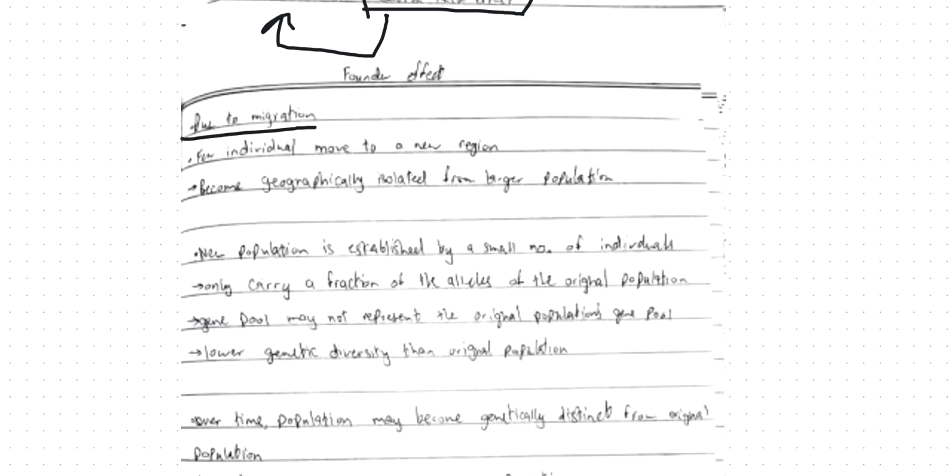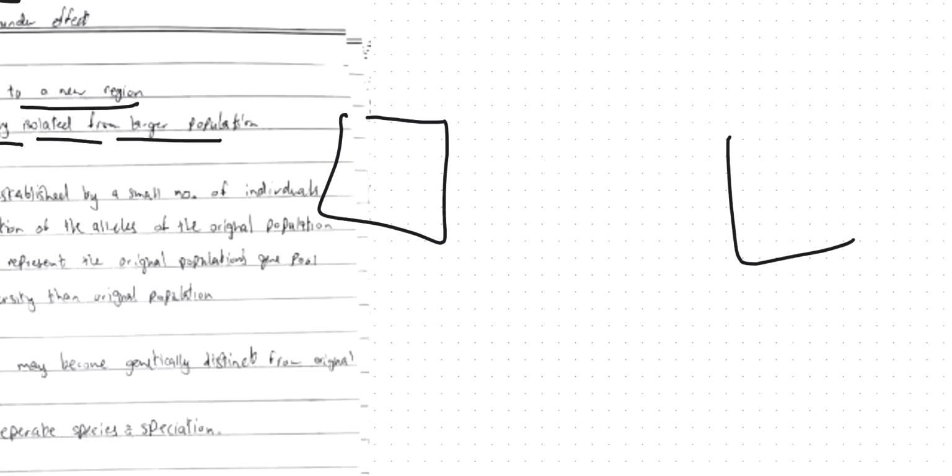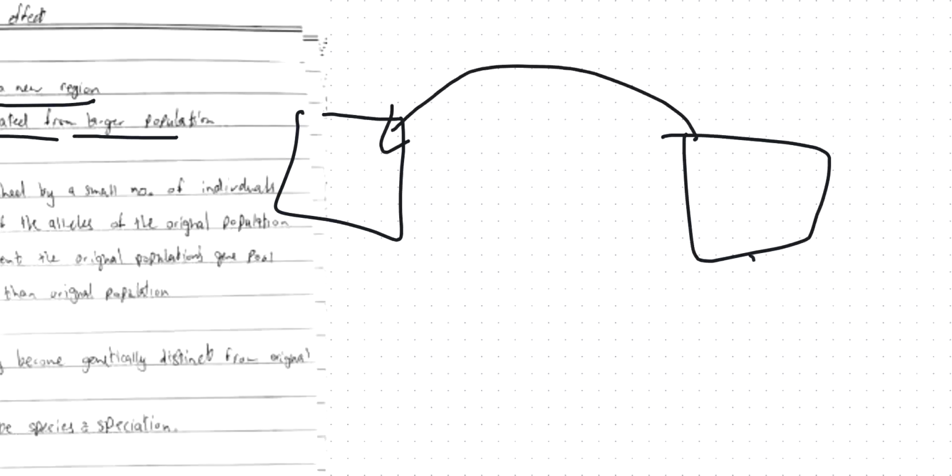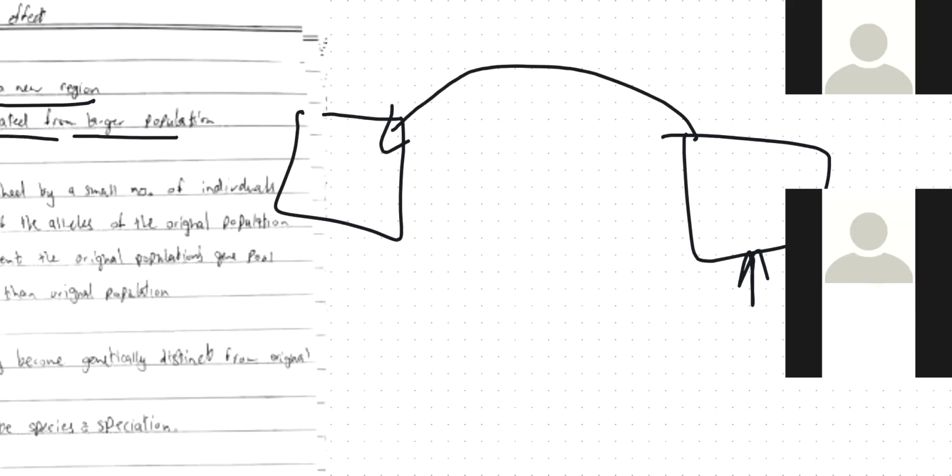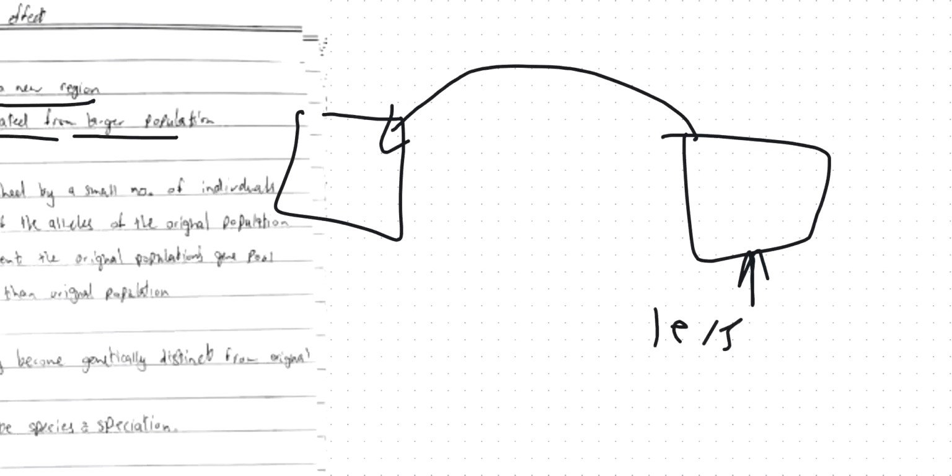So what is the founder effect? The founder effect is caused due to migration. So a few people will move to a new region, and these new people will be geographically isolated from the larger population. So for example, if you have two islands, and from one island, a few people move to this new island, this new island would now have less population, and this island will have more population.